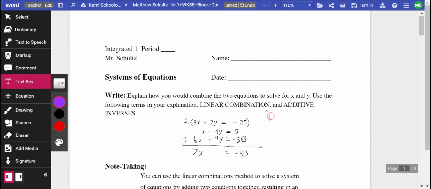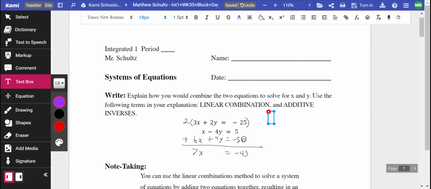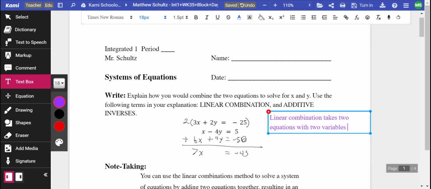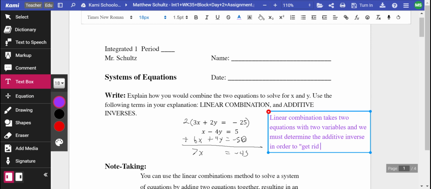So in our description, what I would write is: linear combination will take two equations with two variables, and we must determine the additive inverse in order to get rid of one of these variables via linear combination.